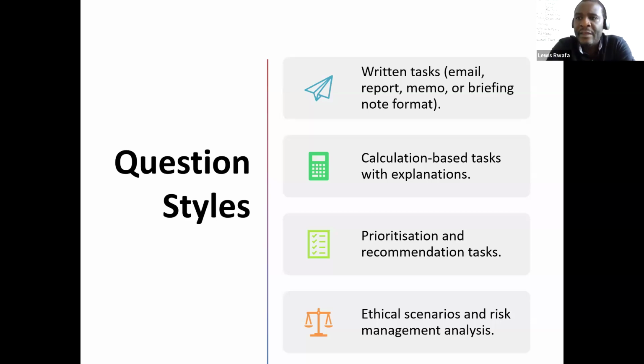Let's take it this way. CIMA is saying, if I read your answer script and I'm looking to hire a finance officer, can I hire you? I can't hire someone who doesn't know the format of writing an email. I can't hire someone who cannot write a report or a memo and things like that. So basic fundamentals, guys, in there.